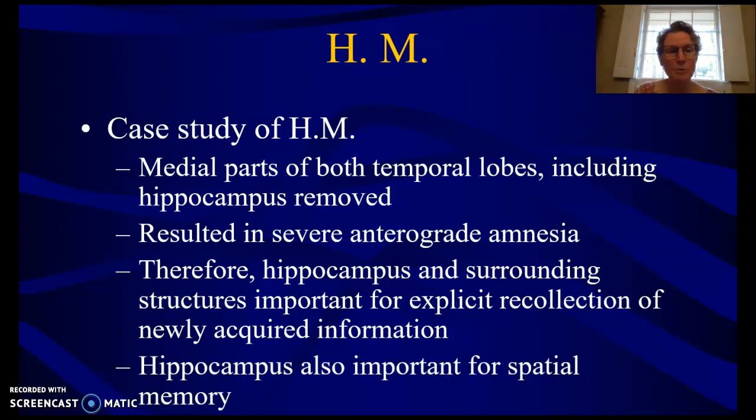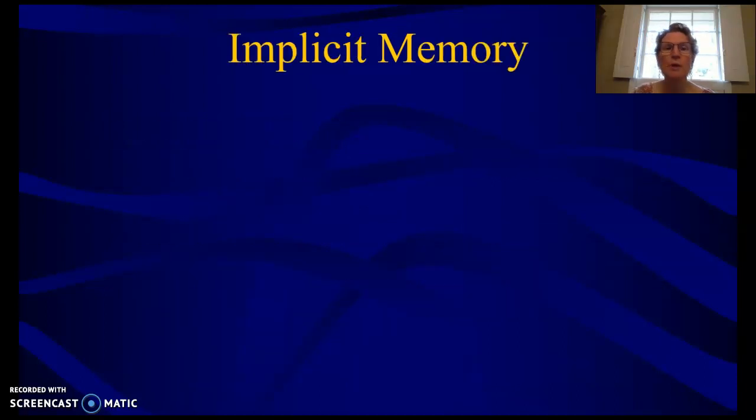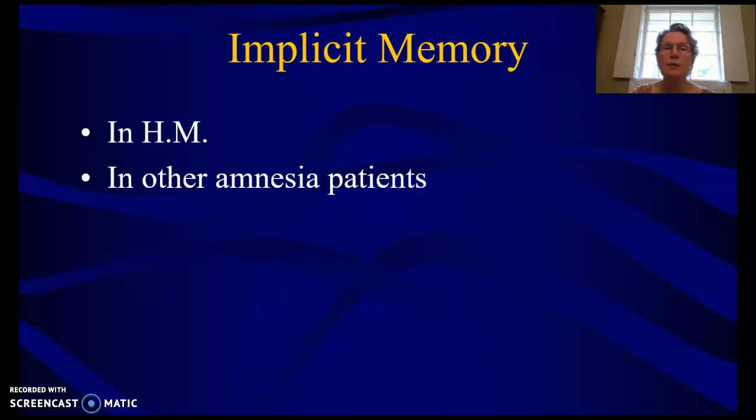The exception here was that procedural or implicit memory was actually okay. The hippocampus, we now know, is really important for spatial memory. But there are probably some other types of memory as well.